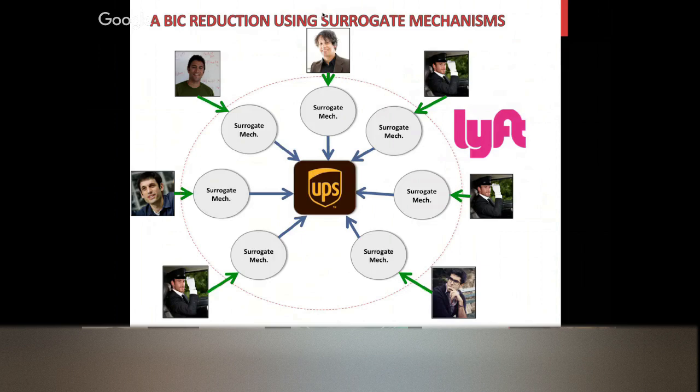So now let's see what type of surrogate mechanisms I need to be able to do such a reduction. The reason why you look at surrogates is because we know how to do it for a discrete type space, so you want a discrete number of surrogates. We still have a countable number of surrogates, because otherwise the reduction would not finish in reasonable time.